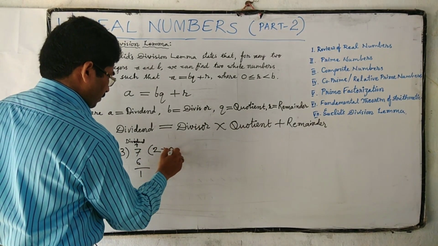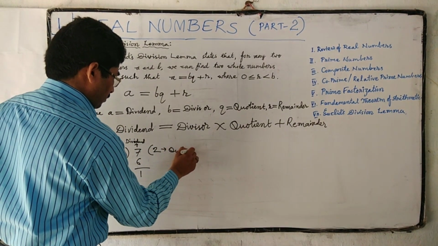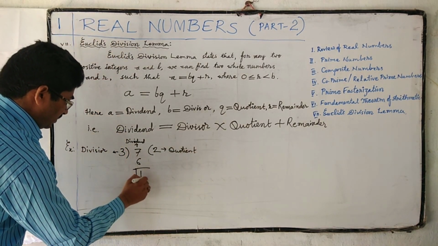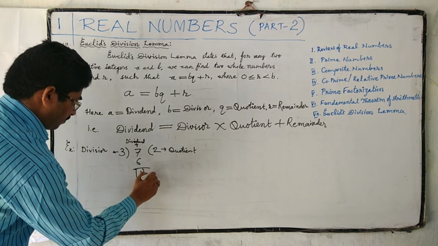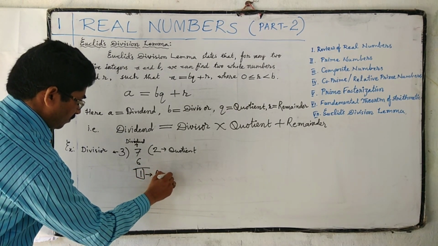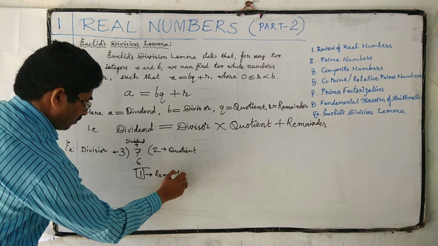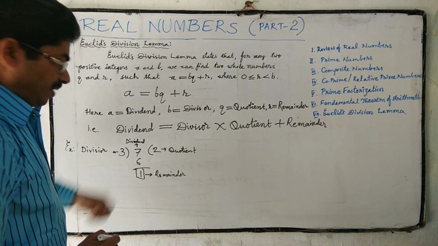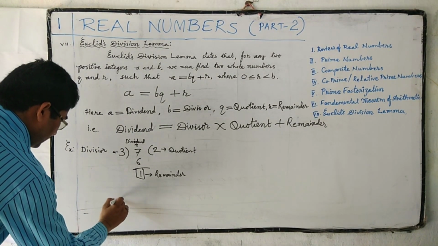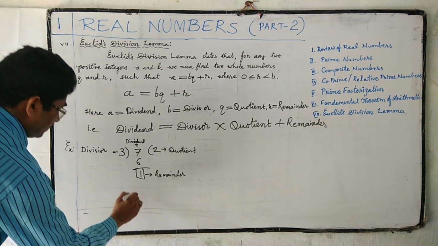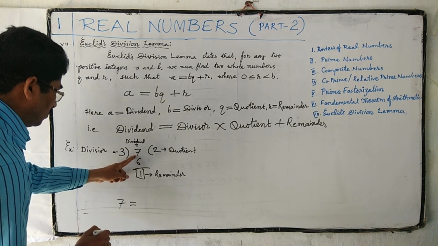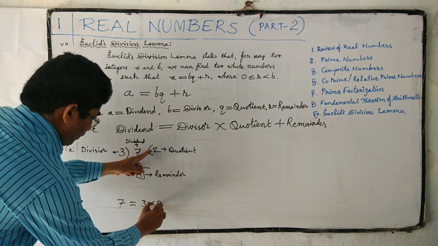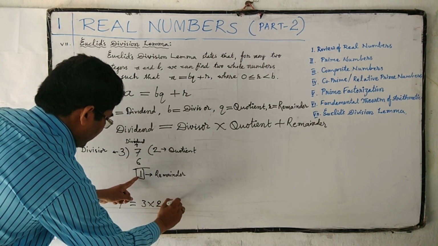This is the quotient. This is the remainder. According to the formula, we can write 7 is equal to dividend is equal to divisor into quotient plus remainder.